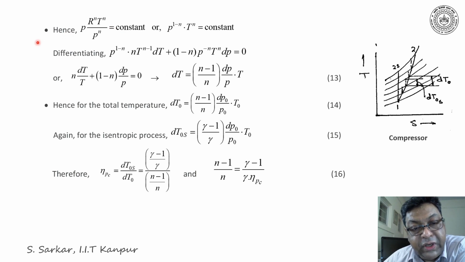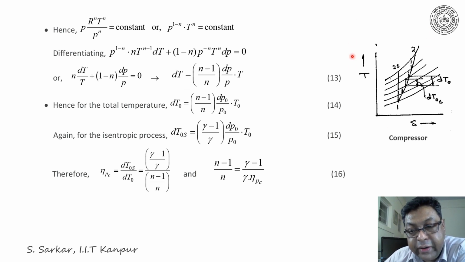Now, if you differentiate, it will yield n dT/T plus (1-n) dP/P equals 0. This can be reduced to dT equals (n-1)/n times dP/P times T, equation number 13.